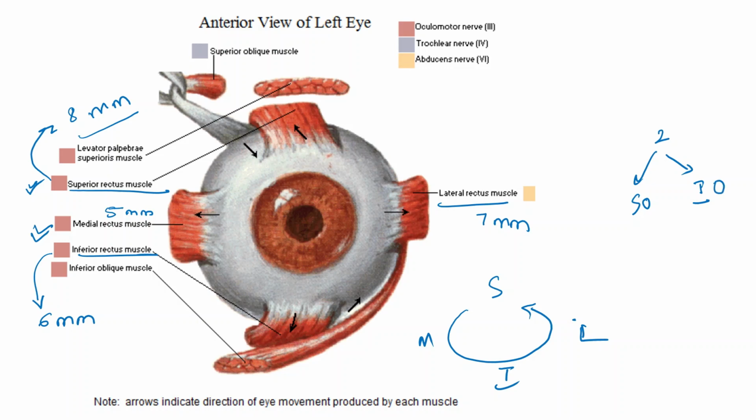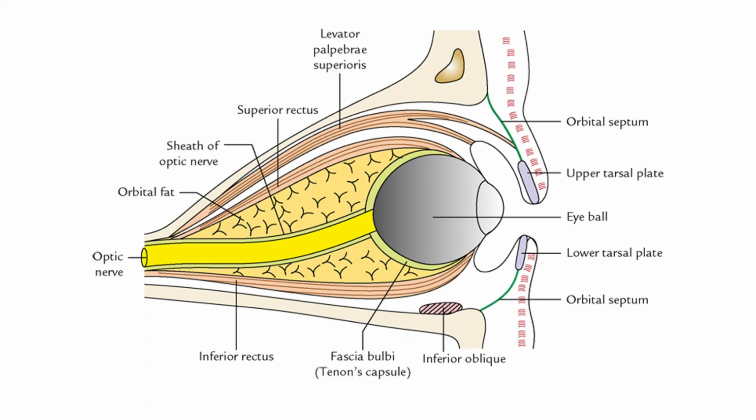When we talk about the origin of the superior oblique muscle, it arises from the undersurface of the lesser wing of the sphenoid bone.